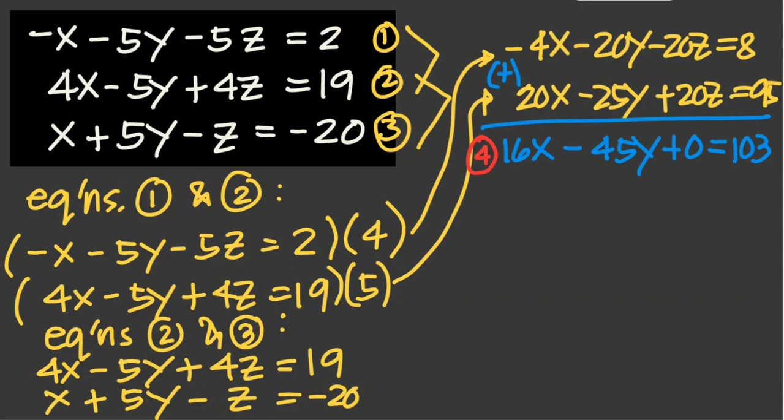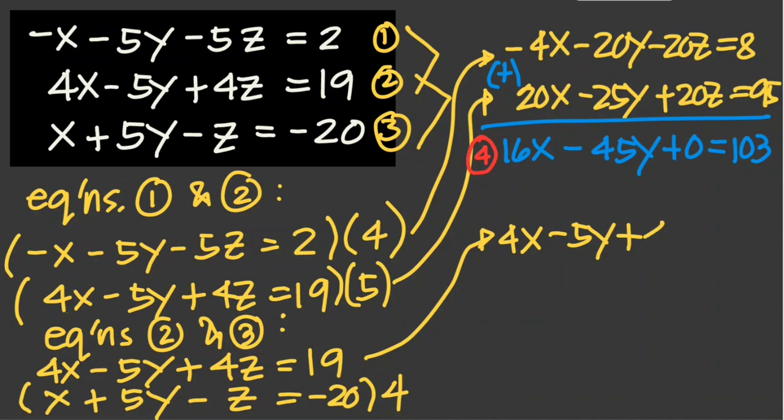Since the coefficients of z in our second and third equations are not equal, we need to multiply by a certain number. In this case we can multiply the third equation by 4. Let's copy the second equation, 4x minus 5y plus 4z equals 19.